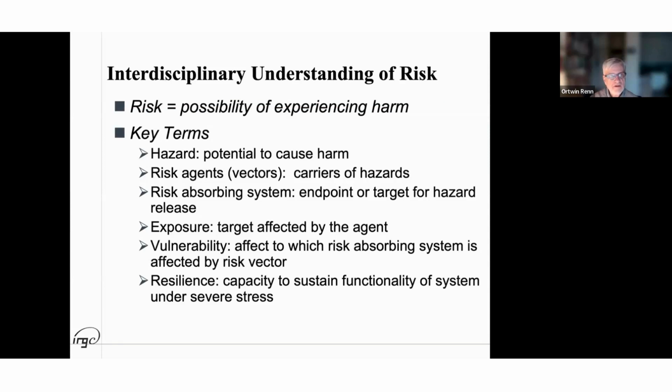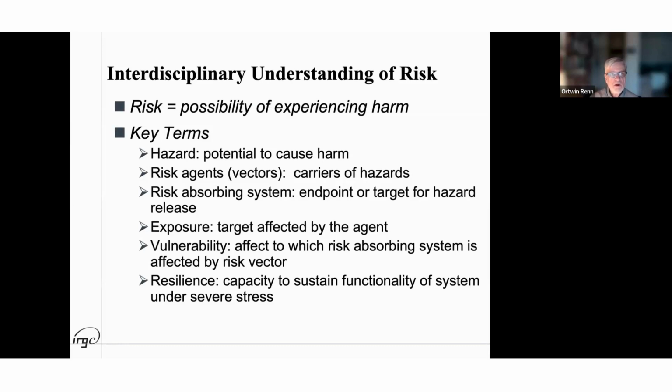Risk is, in very general terms, the possibility of experiencing harm. Possibility can be classified or quantified in terms of probabilities. Sometimes it cannot, and we're not talking about positive impacts, but negative impacts.